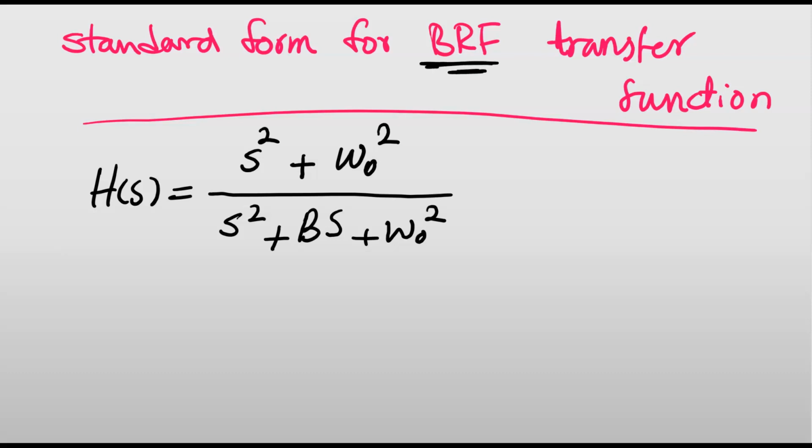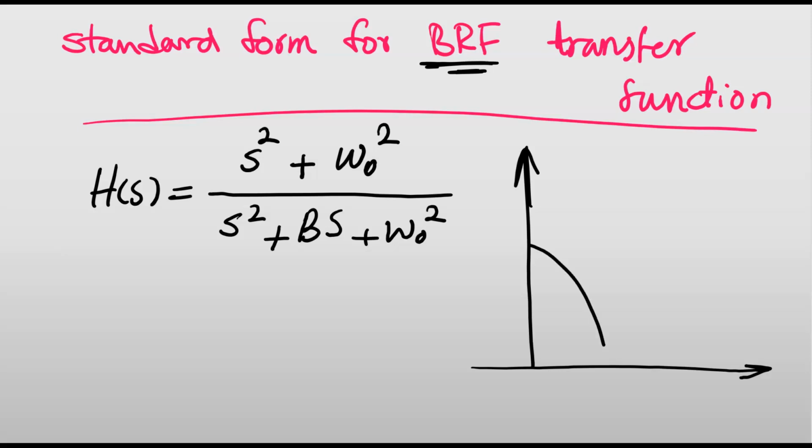And remember that this is a very simple transfer function for a band reject filter, and the response characteristic is something like this. Which is similar to an ideal band reject filter, but it's not an ideal situation.